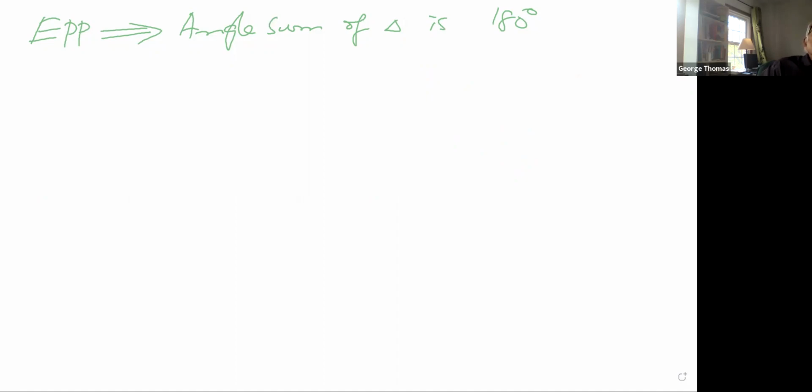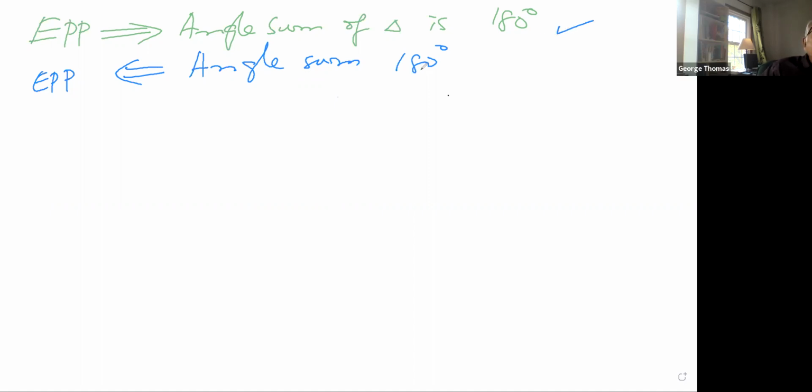Now, wait a minute. Can we prove this? Can we prove that angle sum 180 implies EPP? If we can, then EPP and angle sum will be equivalent. All we proved so far was EPP implies angle sum 180 degrees.